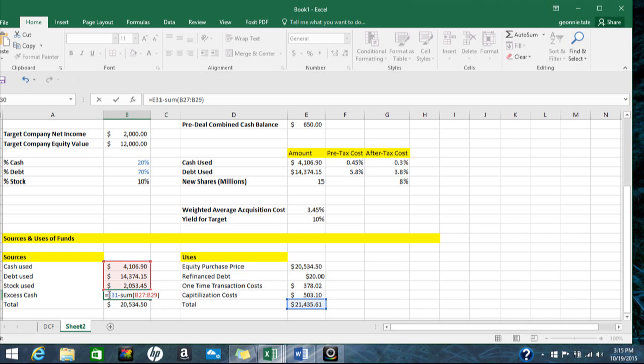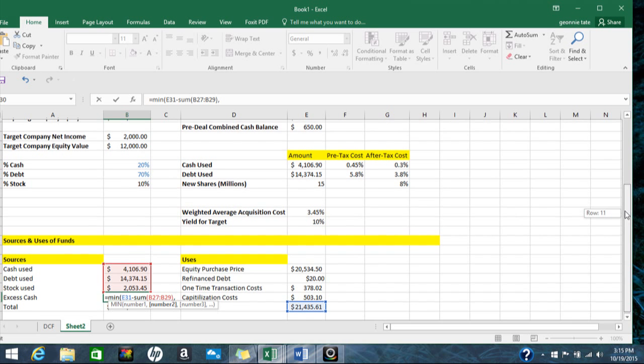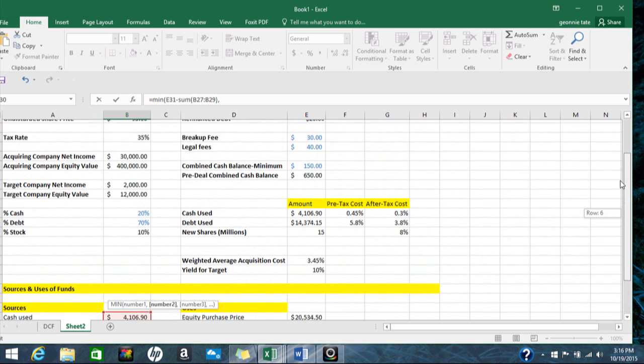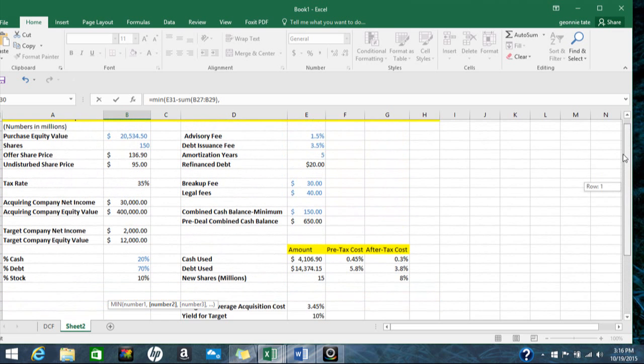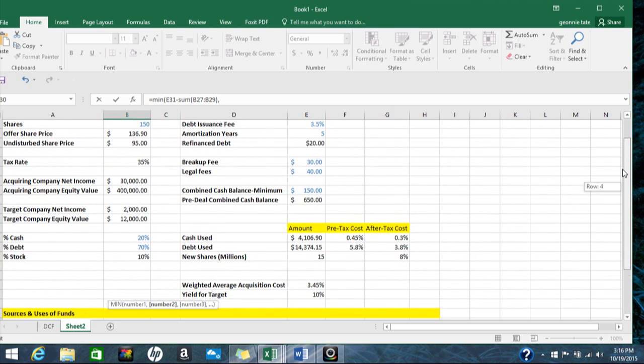Actually, I need to put a minimum formula in here. For the first portion of this minimum formula, I need to have the total of the uses subtracted by the cash, debt, and stock used. I need the minimum of that and the combined cash for the deal.